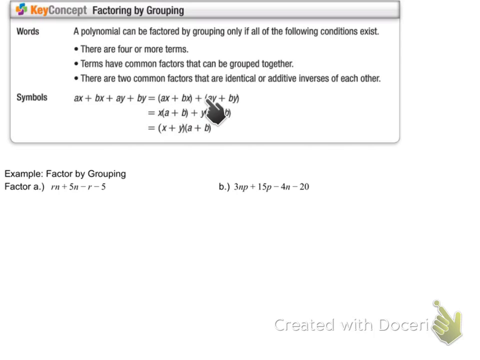First step, put parentheses. Second step of this process says, take a look at each set of parentheses and say, what's common? Ax, bx, I think x is common. And if you factor it out, you get a plus b left. You do the same thing with the y's, you get a plus b left. And then, here's a cool thing.